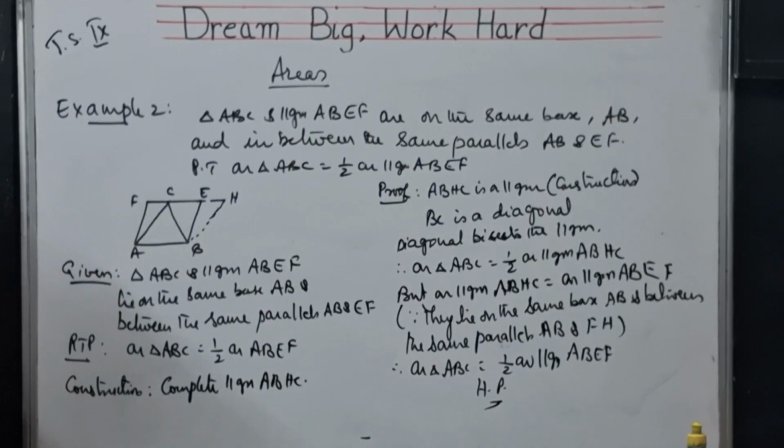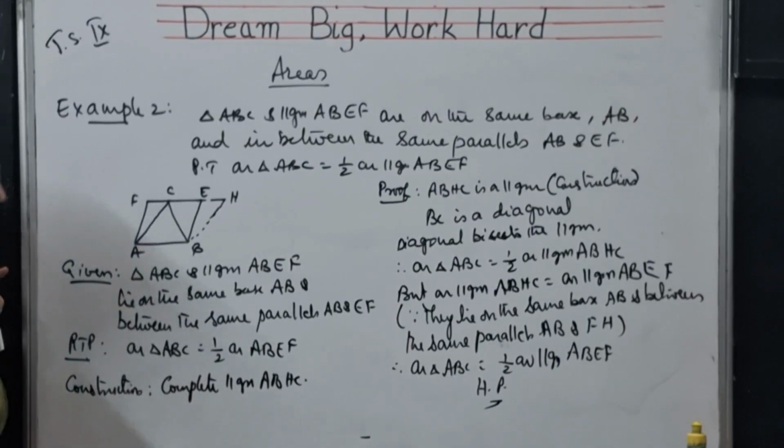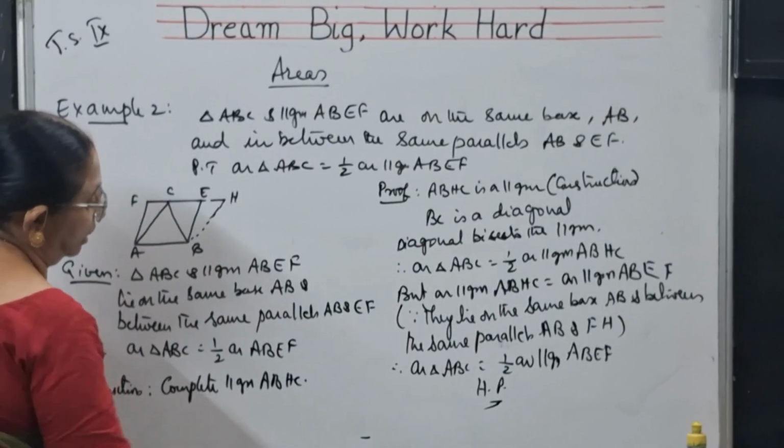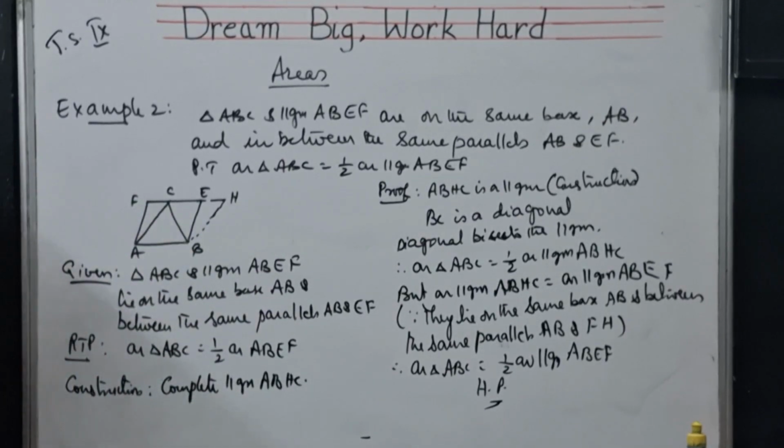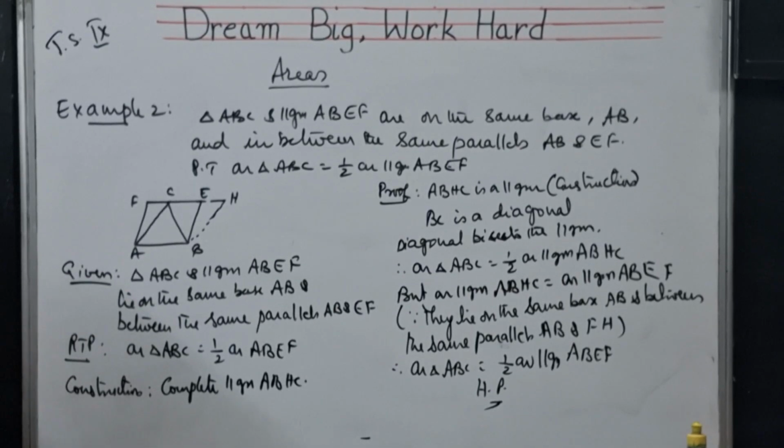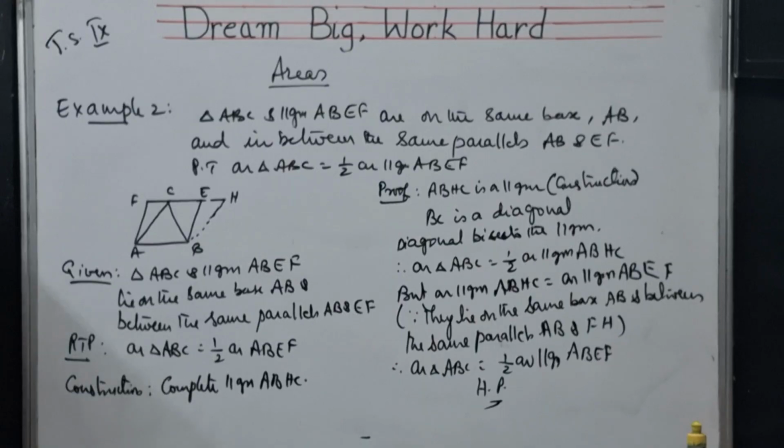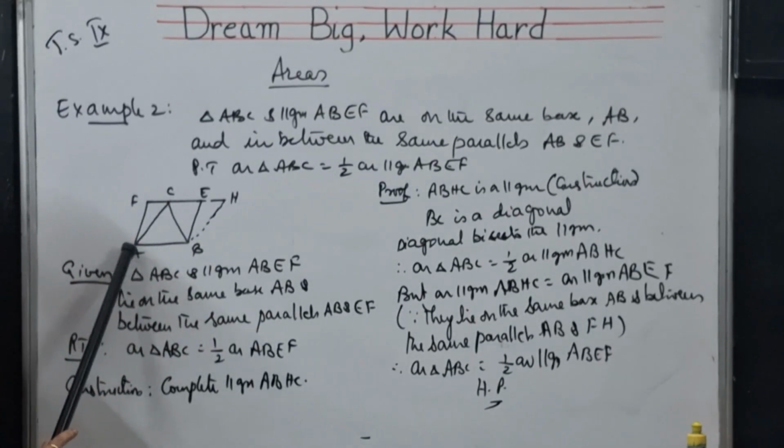Parallelograms lying on the same base and between the same parallels are equal in area. Triangle and parallelogram lying on the same base and between the same parallels have area of triangle equal to half of area of parallelogram. This is the property which is very useful in further problems, children. So here what is given to us?